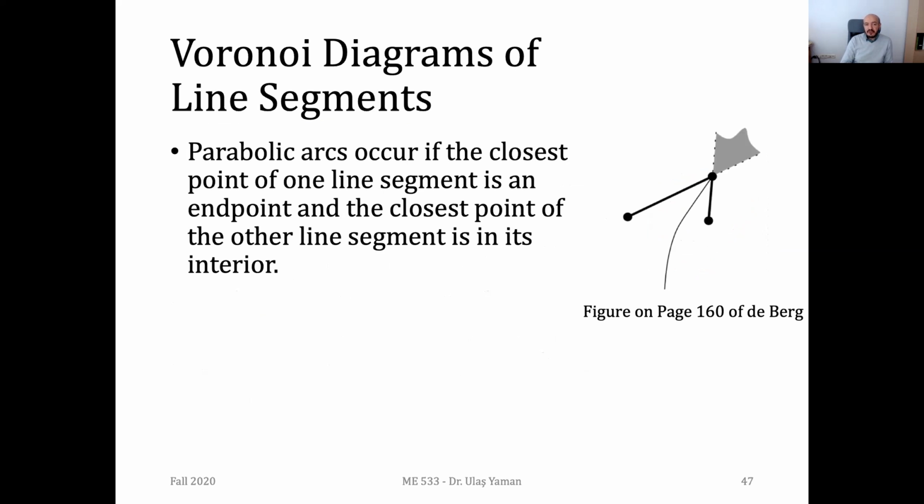We may have parabolic arcs if the closest point on the line segment is an end point. So if that's, for instance, an end point, this part is a parabolic arc, very similar to the primitive Voronoi diagrams. And the closest point of the other line segment is in its interior. So this is another requirement.